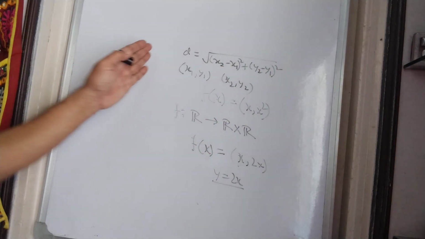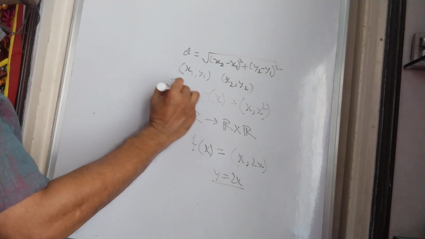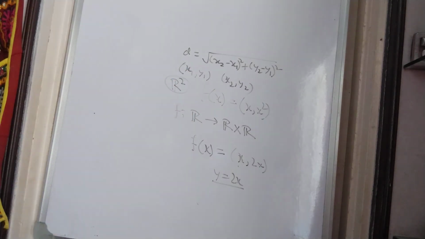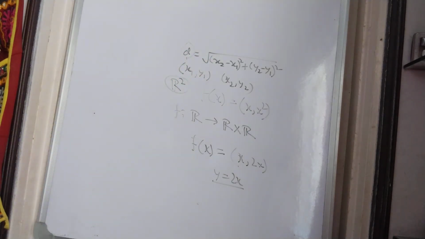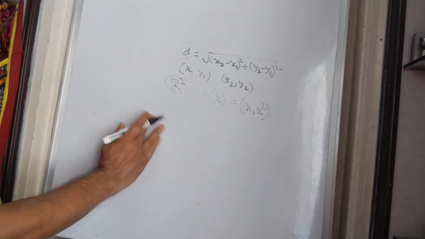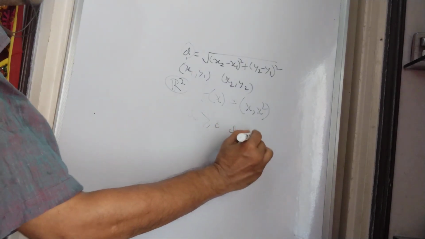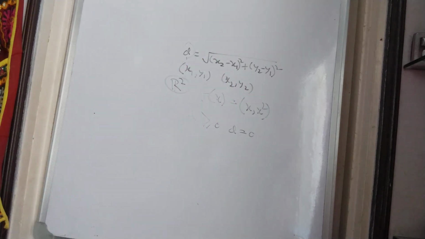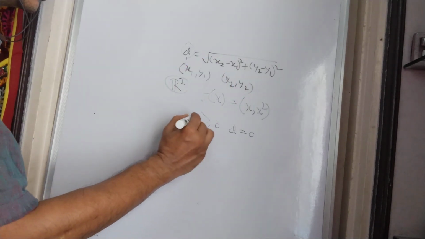This is the geometry of R2, as far as the geometric property of R2 is concerned. We define this distance as a measurement d, which satisfies 3 properties: this d is always greater than or equal to 0, and if d is equal to 0, then we have x1 equal to x2 and y2 equal to y1. That means both the points merge with each other.